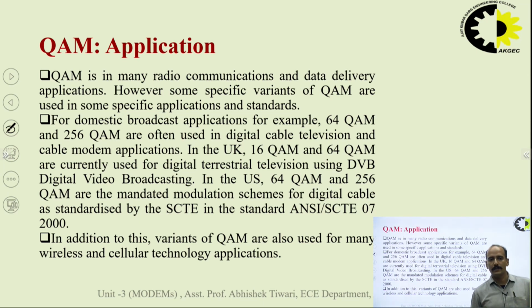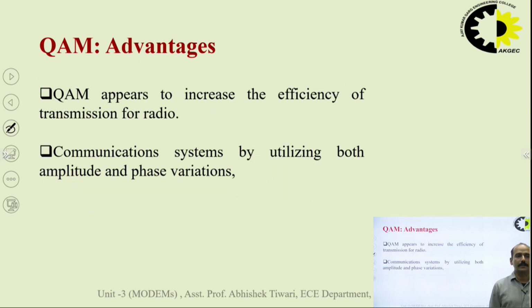In the US, 64 QAM and 256 QAM are the mandated modulation schemes for digital cable as standardized by the SCTE in the standard ANSI/SCTE 07 2000. So these are the specific applications of QAM. They are all using a specific QAM for a specific operation. Other than that, variants of QAM are also used for many wireless and cellular technology applications.